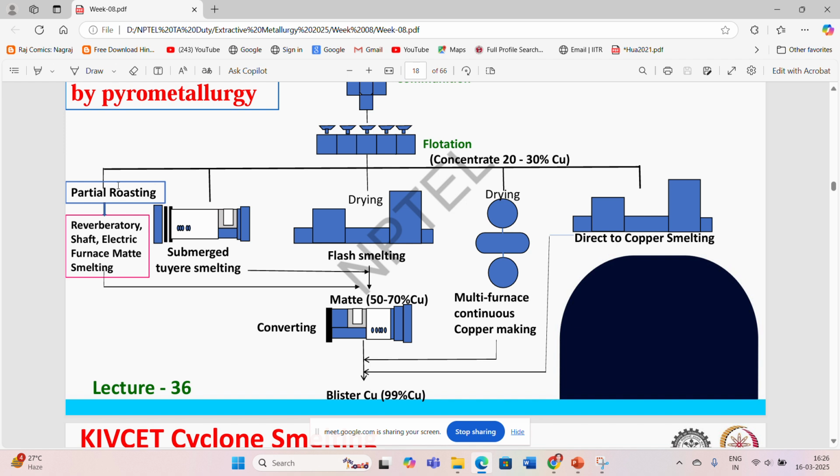Depending on what type of process we adopt, the process steps can change. The first includes partial roasting followed by flash smelting or matte smelting to produce blister copper. The second is drying followed by flash smelting and converting to produce the blister copper.